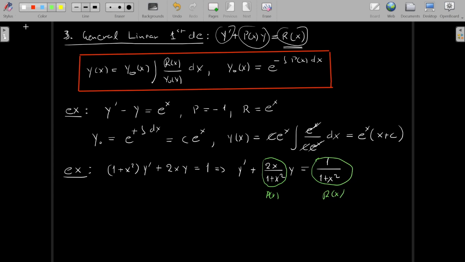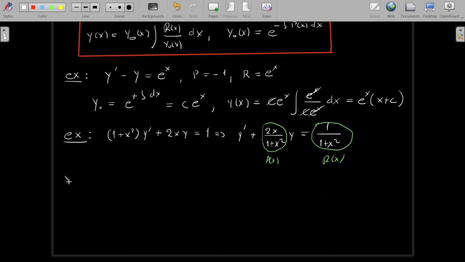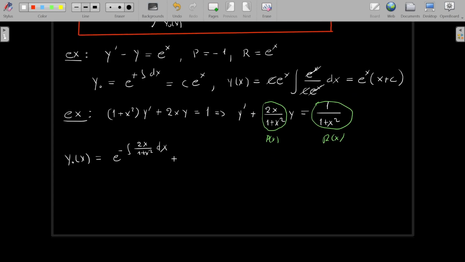So c naught of x is e to the minus integral of p of x, which is 2x over 1 plus x squared dx, and this is minus ln of 1 plus x squared plus a constant, because if you differentiate this, you have 2x over this at the denominator.